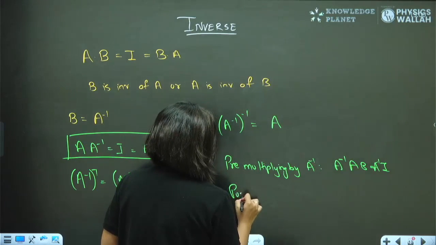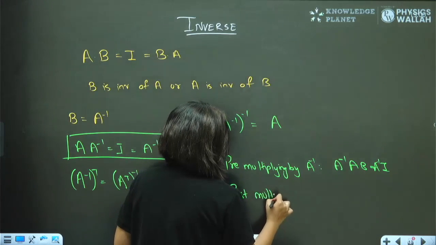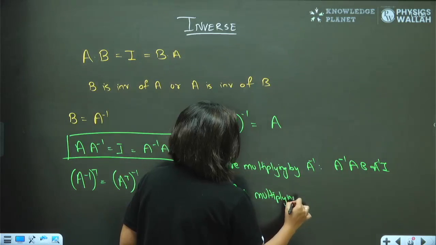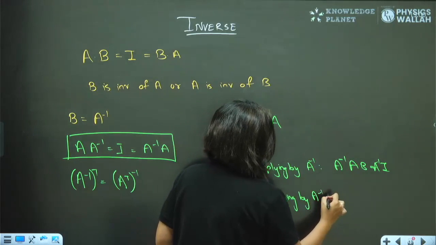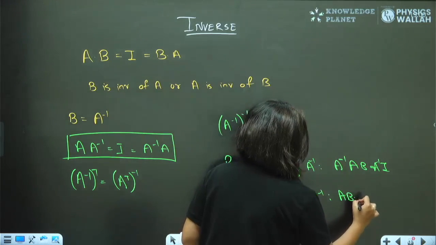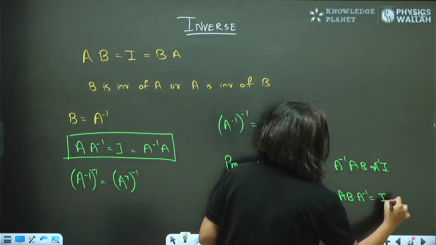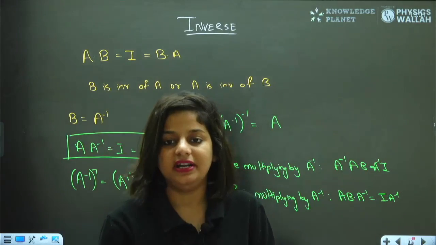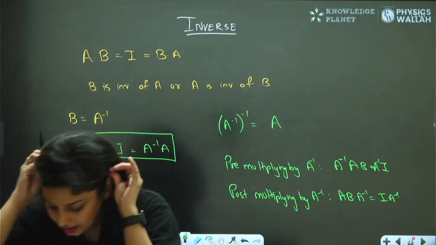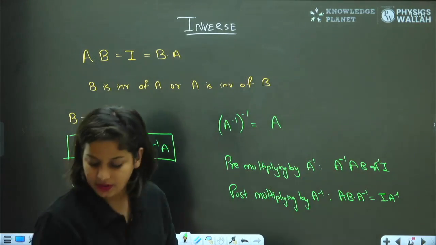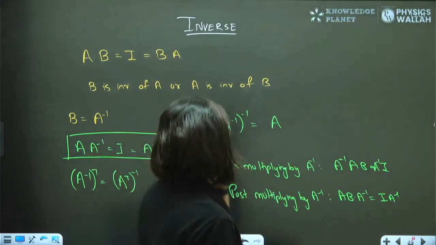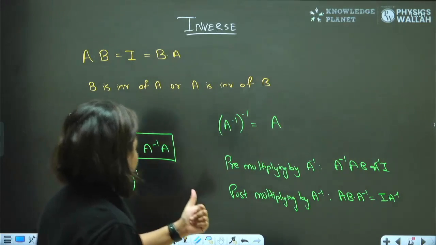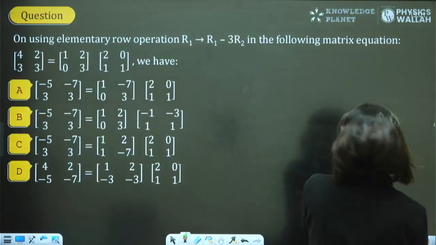And if you're doing post-multiplication, post-multiplying by A inverse, it has to be after AB. That is, AB into A inverse is equal to I into A inverse. This is used in some matrix solving wherein quadratic equations are involved. Fine.